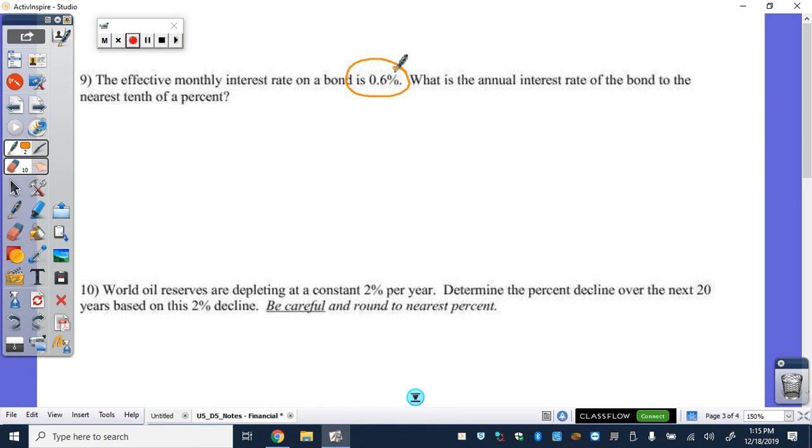So just like we would do with all the others, we go 2 to the left, add it to 1, and each month it's increasing by 1.006. Now again, that's each month. I want it for a whole year, so I've got to raise that to the 12th power.